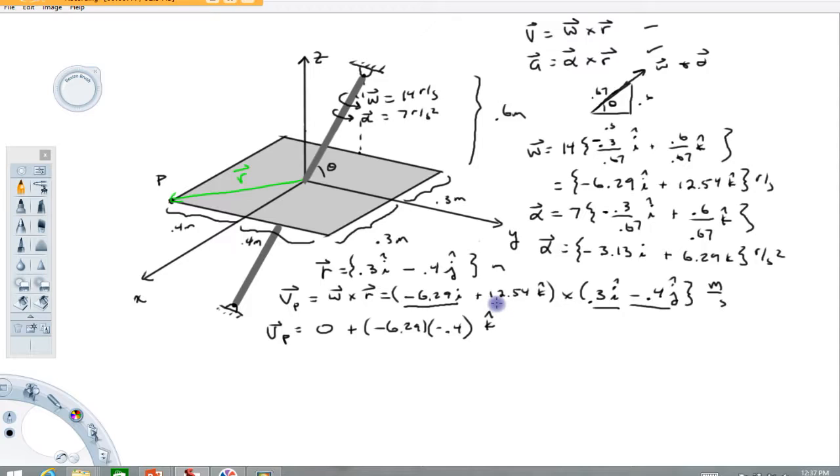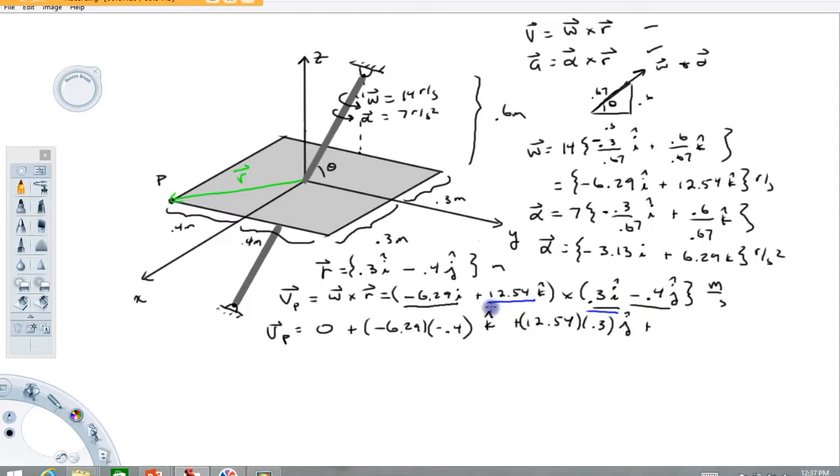All right. Now I'm going to deal with, I'll do this in blue, this guy. So when we do this guy times this guy, we're going to have 12.54 times 0.3, and then the direction is k cross i, which is j.